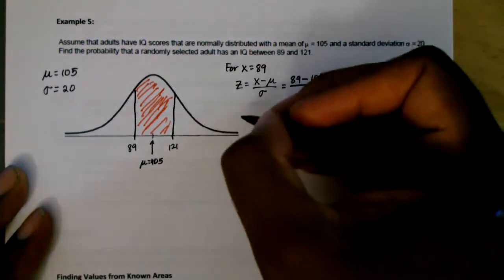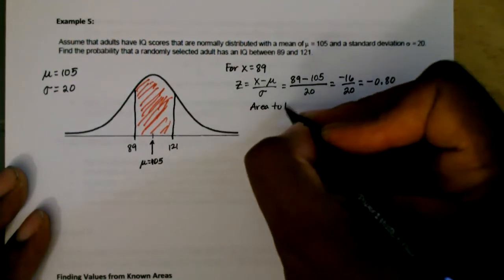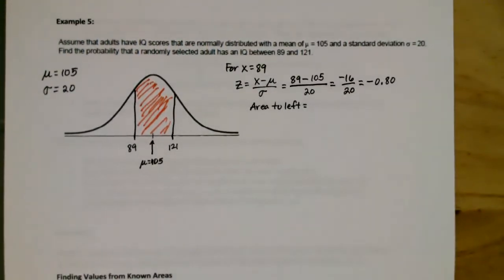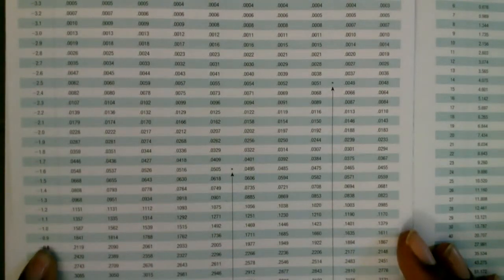So I'm going to use that to find the area to the left. I'm going to use the page that says negative z-scores. The negative 0.8 is way down here. 0.0 is this first column, 0.00 is that first column.